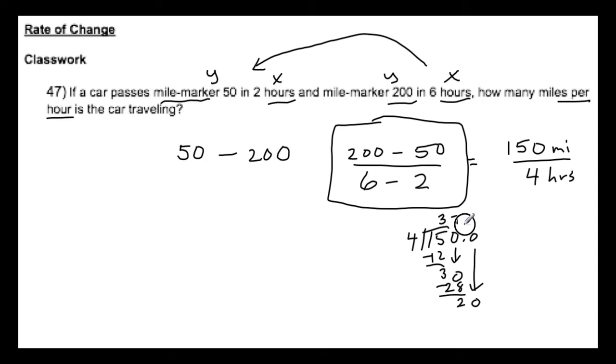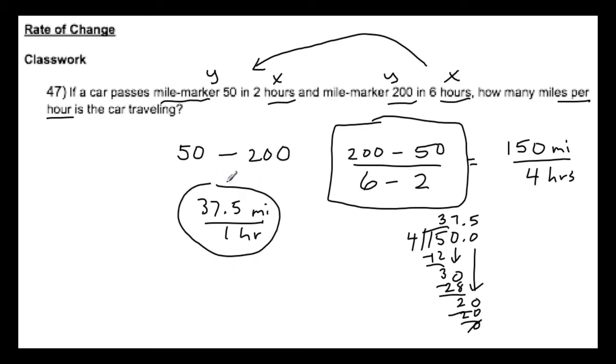So 4 goes into 20 five times, and that's even. So we have 37.5. Now we just put it back into our ratio the same way. So 37.5, we know miles was on top, and that 1 hour is on the bottom. So that's how fast he was traveling. Now, not very fast for highway speed. Maybe he was traveling on a side road.